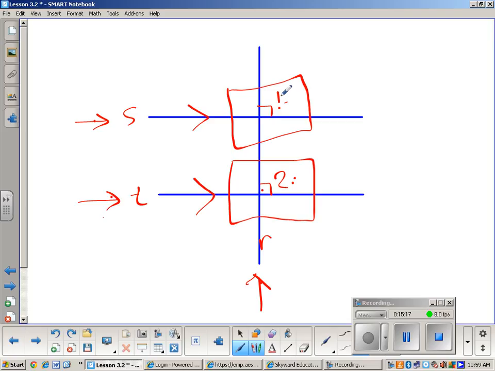So since angle 1 is 90 degrees and angle 2 is 90 degrees, and they're corresponding angles, the lines must be parallel. We can prove this theorem is true by using the converse of the corresponding angles postulate. The corresponding angles here are congruent, so therefore these lines are parallel.